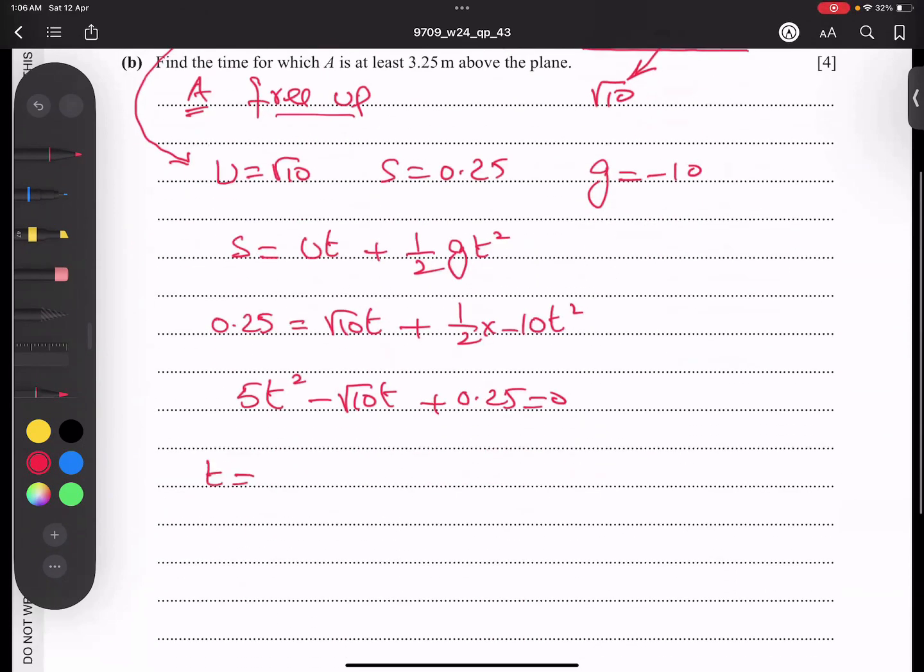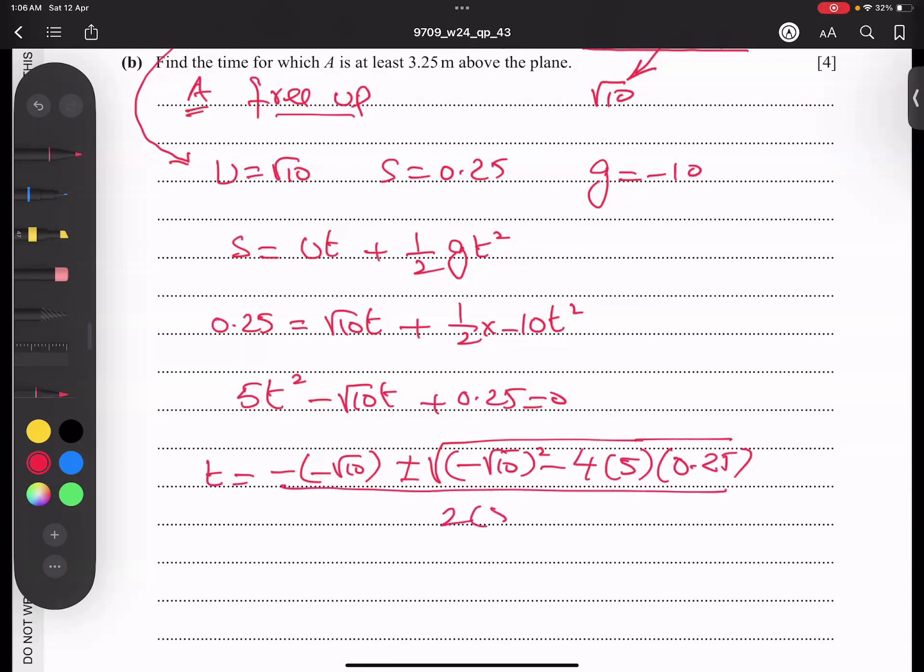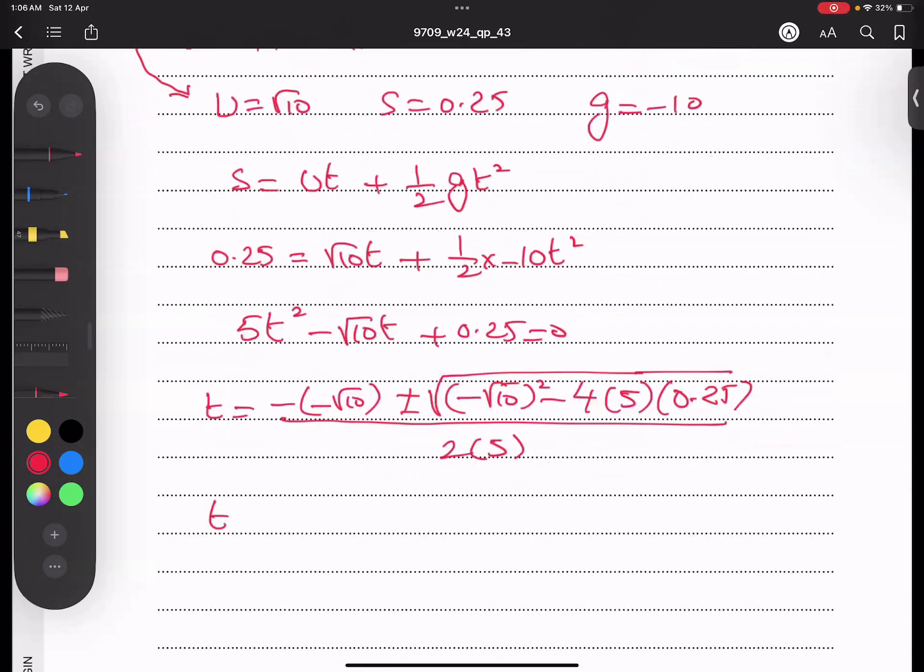Here, students, I'm going to apply the quadratic formula: minus b plus and minus square root of b squared minus 4ac, divided by 2a. Let me check it in my calculator. First, outside is root 10, then plus, inside we have root of 10 minus 4 into 5 into 0.25, divided by 10, since 2 fives are 10.